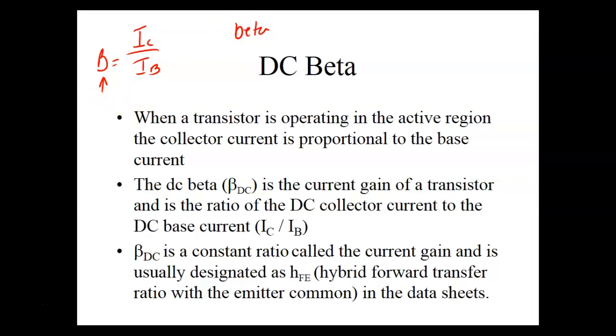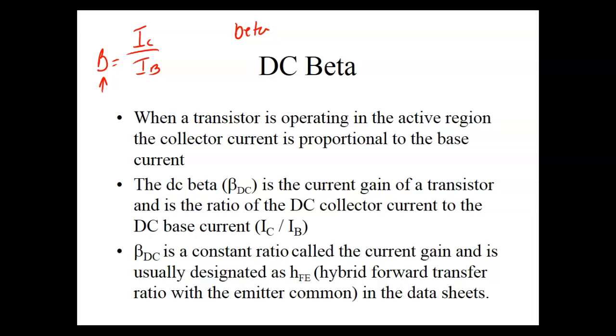So beta is equal to IC over IB. Betas in these transistors are always going to be greater than 1. And why is that? Because IC is a lot bigger than IB, right? IB is the smallest current in here, right?